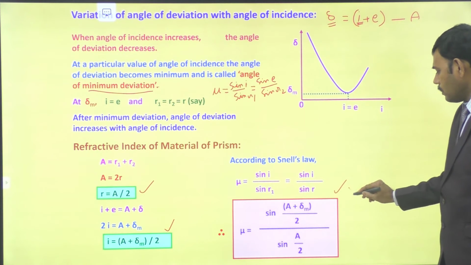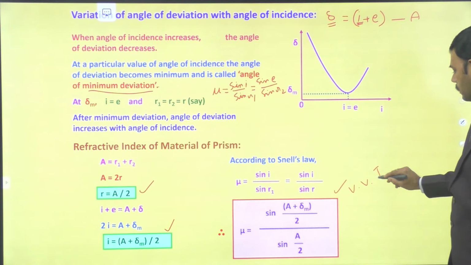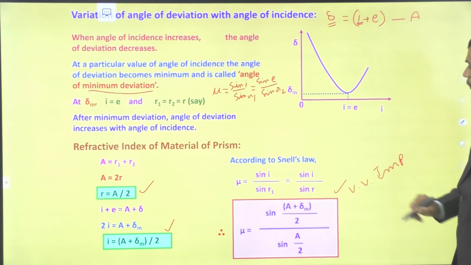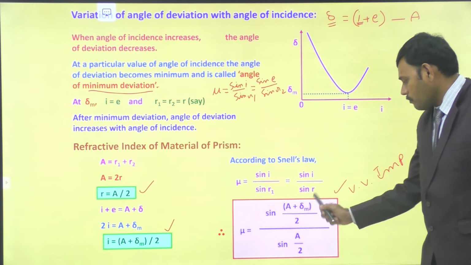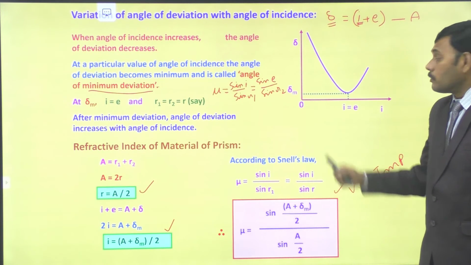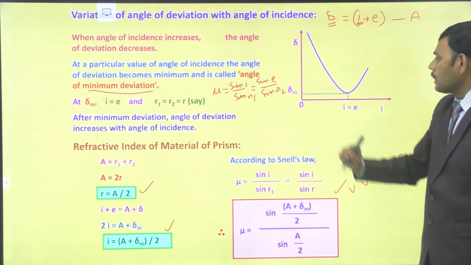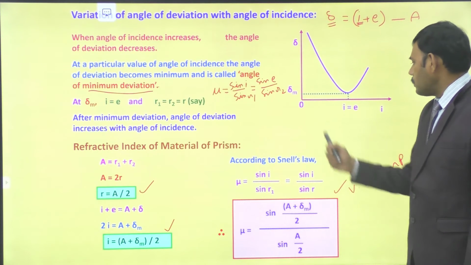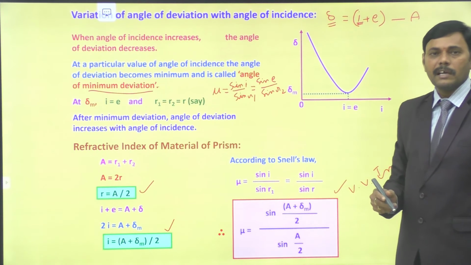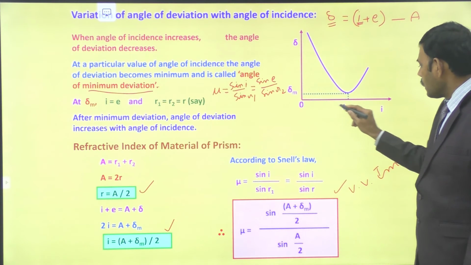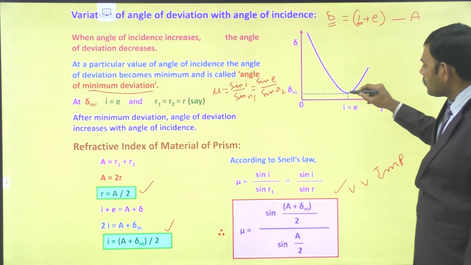This is the very important expression of the refractive index of a prism in terms of the angle of prism and the angle of minimum deviation. If from the graph we find the angle of minimum deviation by drawing the angle of incidence along the x-axis and deviation along the y-axis, as the angle of incidence increases, the angle of deviation decreases.